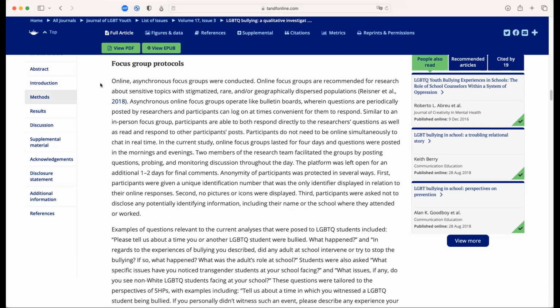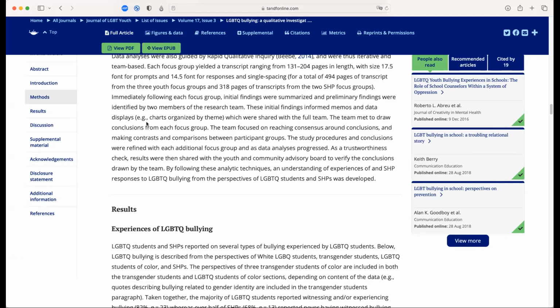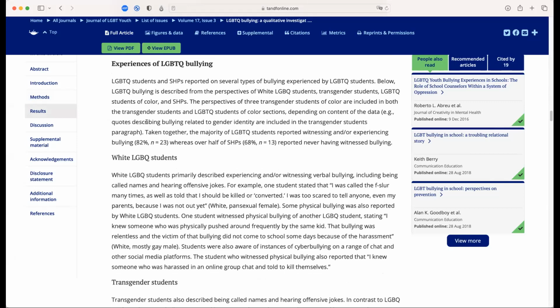And they started with focus groups. Now, just because something is qualitative in nature doesn't mean that you won't end up with something that can be added up. In this case, they did some sort of coding to say, okay, well, of the people we interviewed, 23 of them, 82% of the group reported X. And then this is one of those things that you want to read carefully.